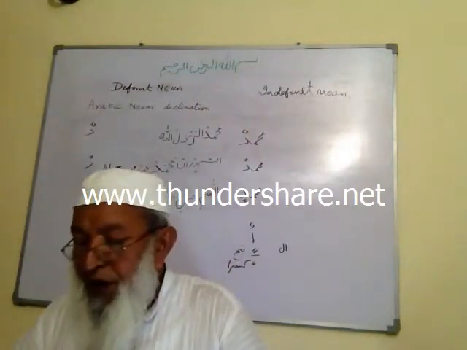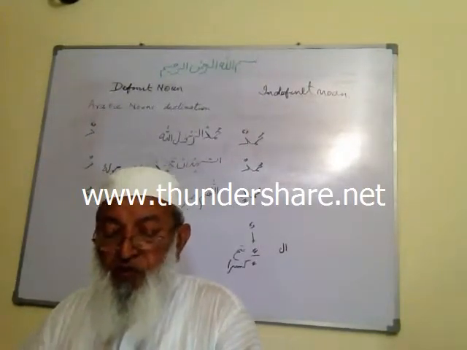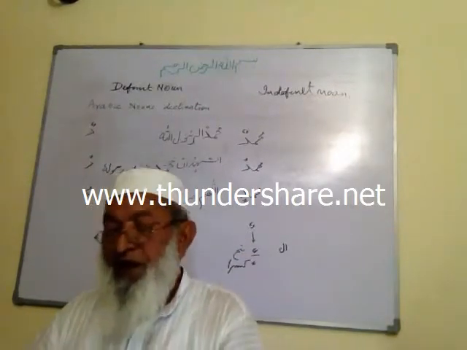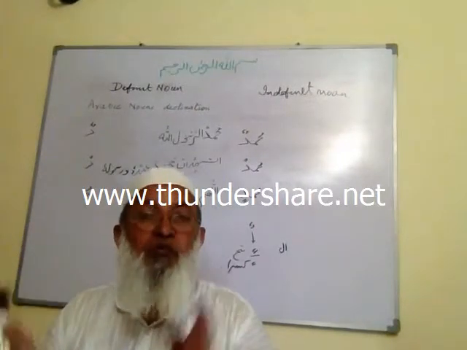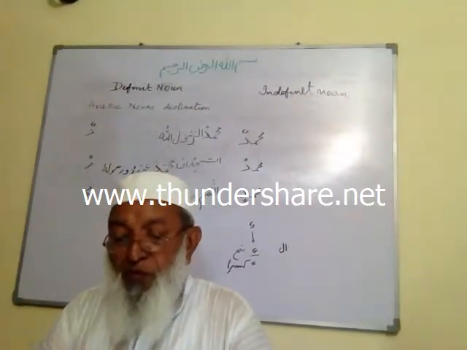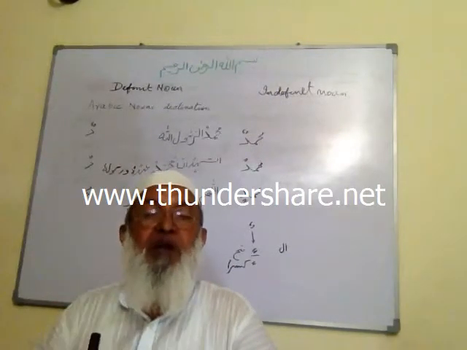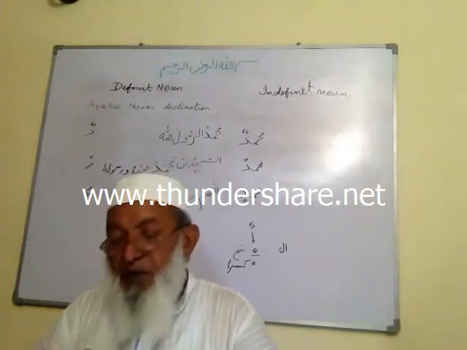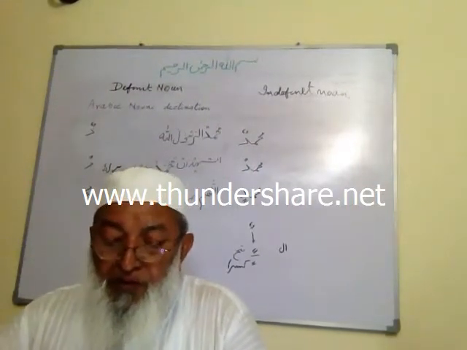So for Arabic noun declination, these are the three things we have to learn and understand very well. In brief we just say dun, dan, din. So we have to learn about this and remember this. There are some more things.